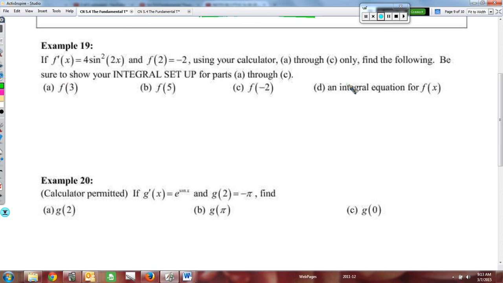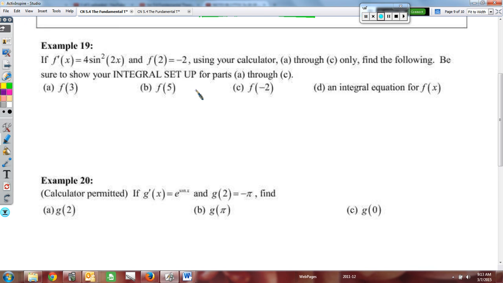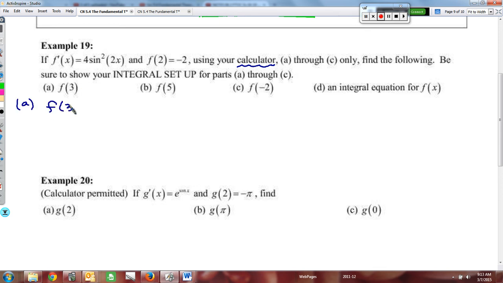So each of these times, all I want to do is use my calculator. That means I don't need to actually find an antiderivative, which would be the long way like method A on the last example. All I need to do is set it up and then use my calculator to find it. So here, for example, in A, I want to find f of 3.